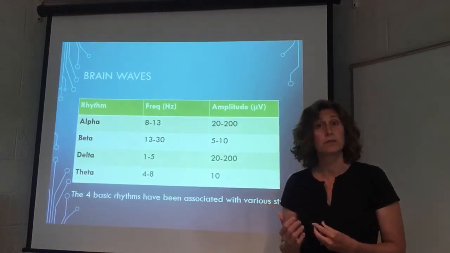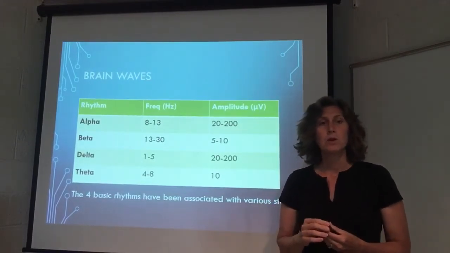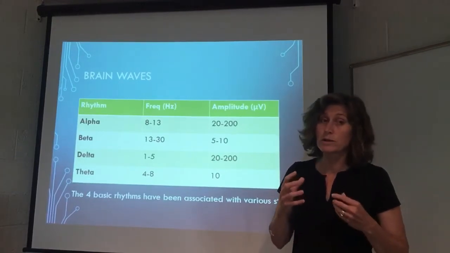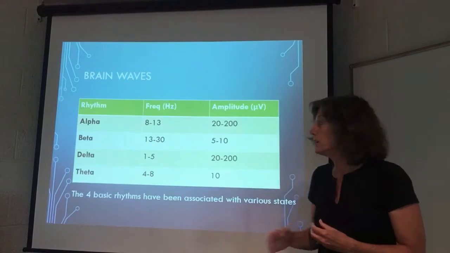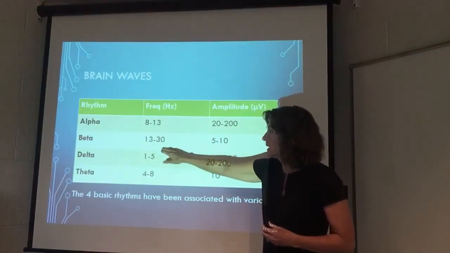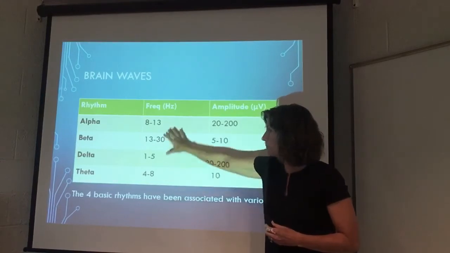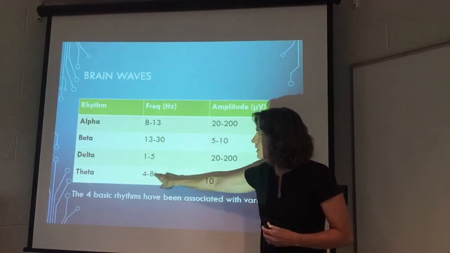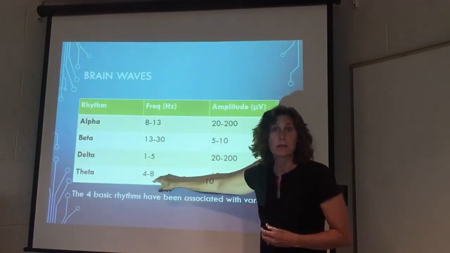They're associated with different states, which we'll talk about. What is useful to me, and what is typically more telling in the EEG record, is the frequency. And as you see, alpha, beta, delta, theta have different frequencies that aren't really in order by frequency.